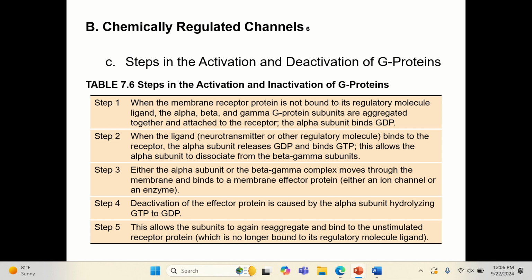But basically what I wanted you to get, the meat and potatoes, is that with the ligand receptors, the neurotransmitter directly attaches to it, opening the ion channels, whereas with G proteins, it's going to attach to a receptor other than the ion channel, and a G protein is going to go in and open the channel.